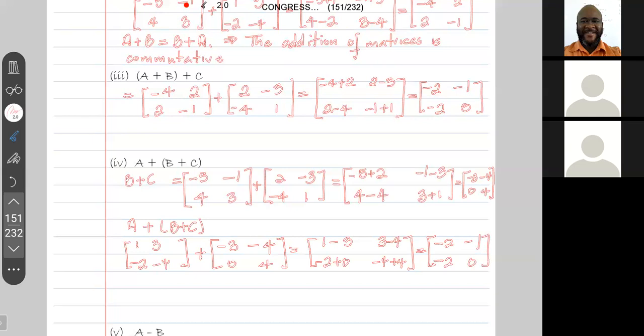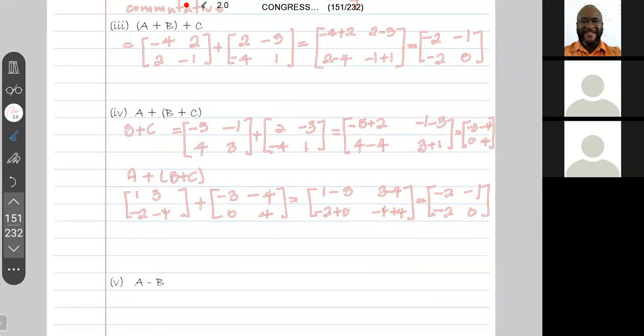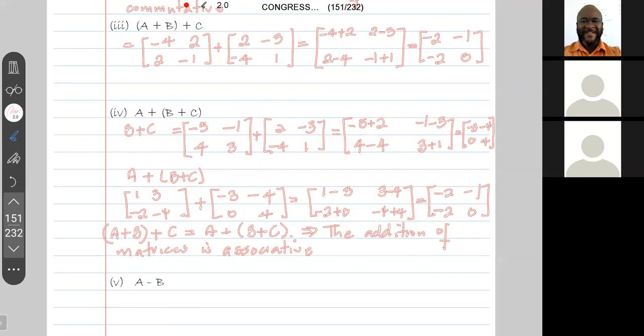All right, here's something to note. Please note that A plus B in brackets done first plus C is the same as saying A plus B plus C, and this is saying that the addition of matrices is associative.